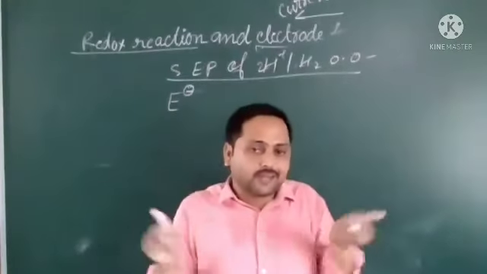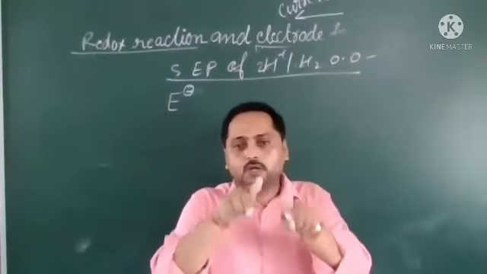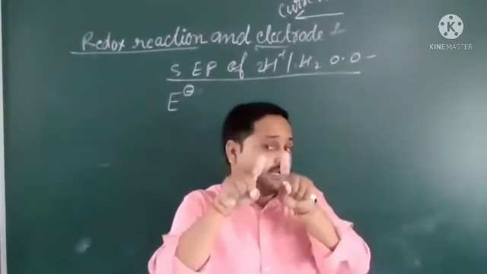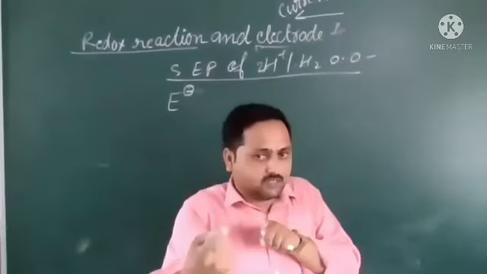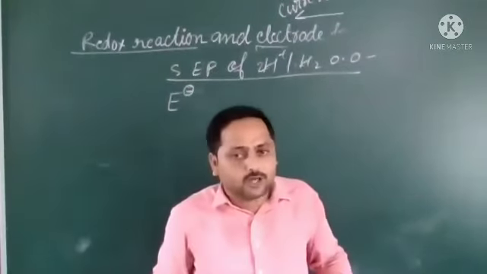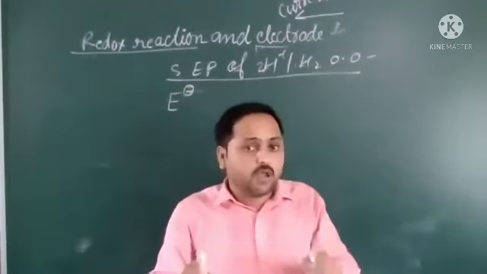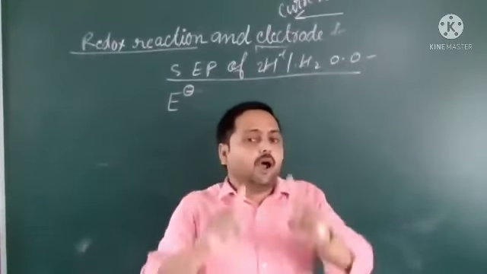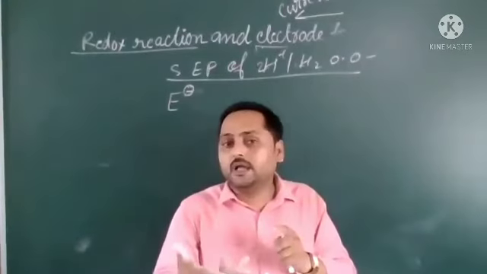This point should be clear. If two standard electrode potentials are given, the one having the higher value will be the higher reducing agent, and the other having the lower value will be less.